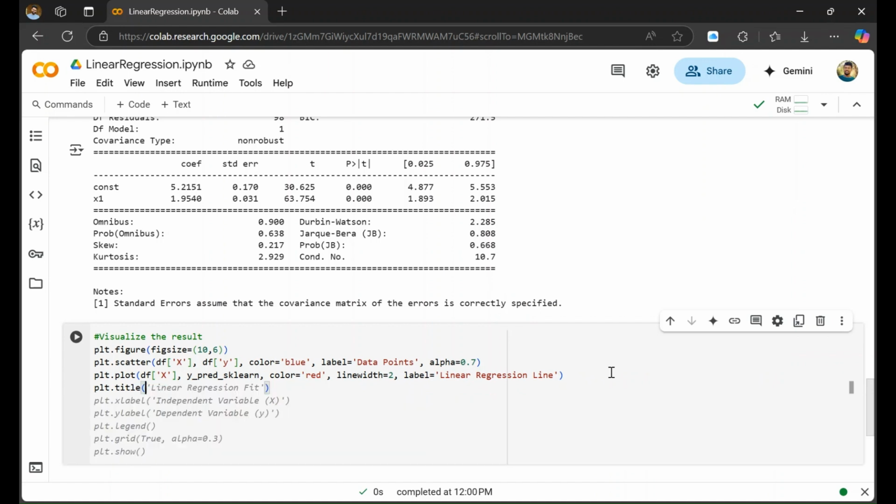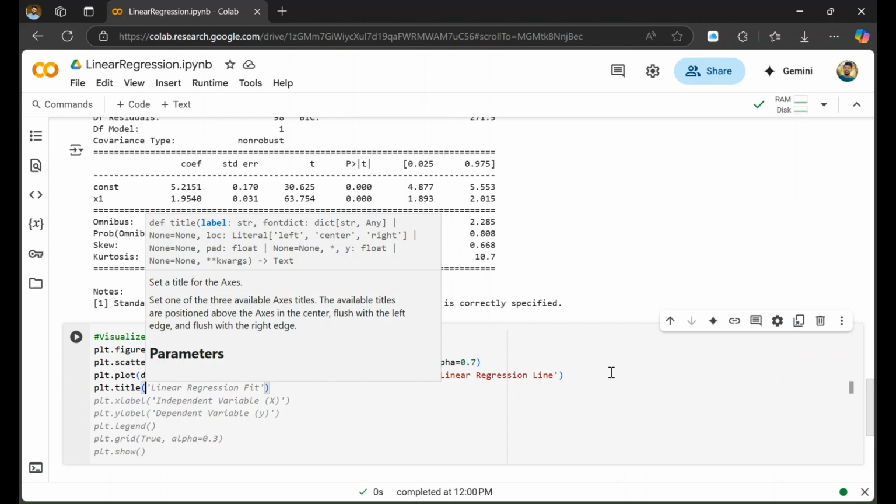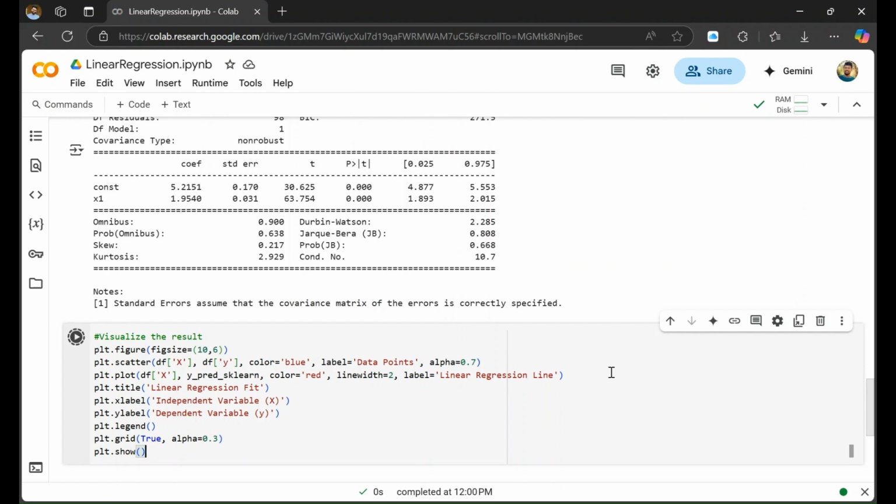Let's give a title, "Linear Regression Fit", X label independent variable, Y label dependent variable, and add the legend, then create and show the figure.